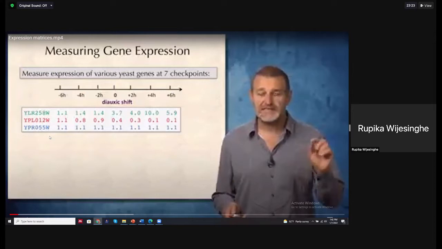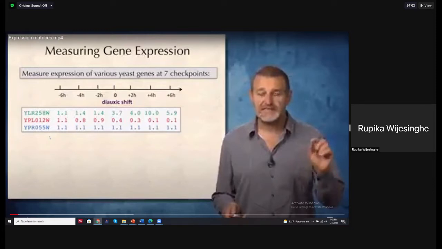Are all three behaving in the same way? No. Then what can you say about the three? The last gene behaves in the same way, not changing its action. The production of mRNA in that gene, whether it is aerobic or anaerobic, is at the same level. That means the action is at the same level.